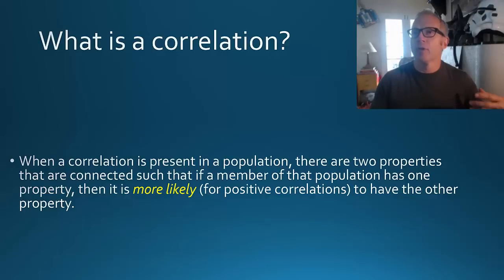For diabetes to be correlated with something just means that for the people with diabetes, this other property, suppose it's, who knows, I bet it's high-fat diets. To say that the two properties are correlated is to say that if one property, say diabetes, is present in one of the members of that population, then the other property, high-fat diet, is more likely to be present in that person too.